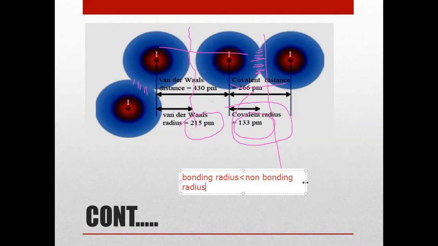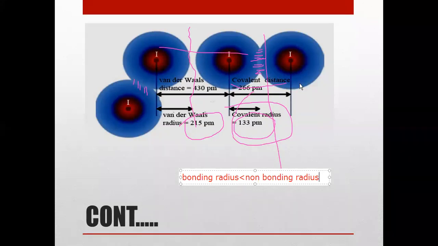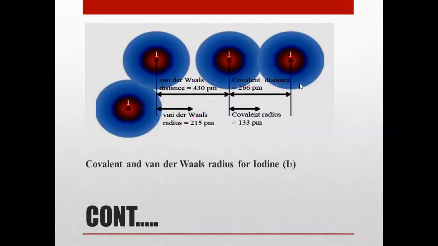This statement is very important. You should understand the difference. Why this is 215, why this is 133 picometer, right? Okay, thank you. So this is the explanation of the covalent and van der Waals radius for iodine I2.